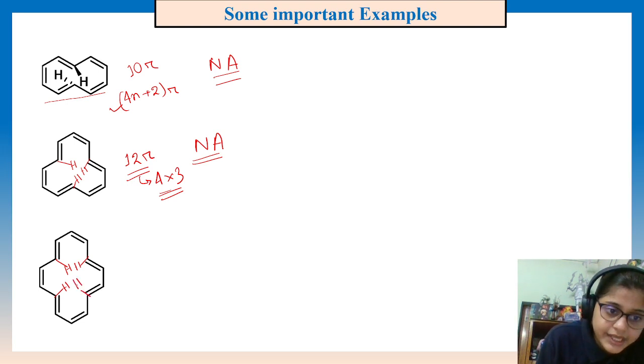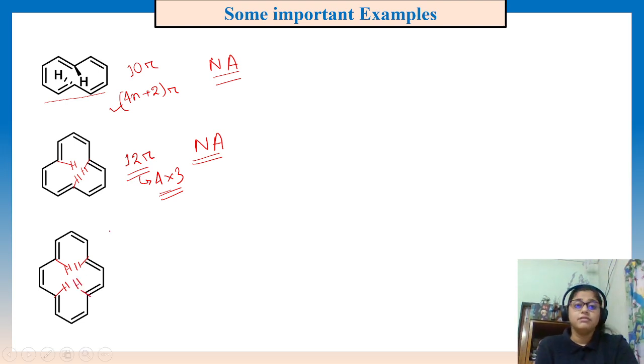But when we increase the number of carbon atoms in this kind of molecule, this is actually called an annulene system, a monocyclic system having all conjugated double bonds, the highest number of conjugated double bonds. So these are called annulenes. This is a 16-annulene, I think.